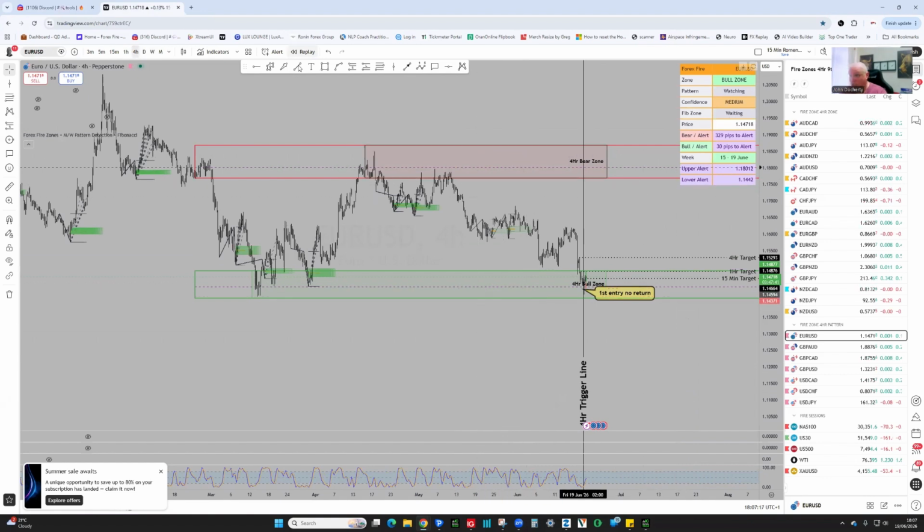So if we break through that area, it means we are no longer looking for sells. I'm waiting for a pullback and a continuation to get in on that continuation violation setup trend. So that's just a little bit of context.